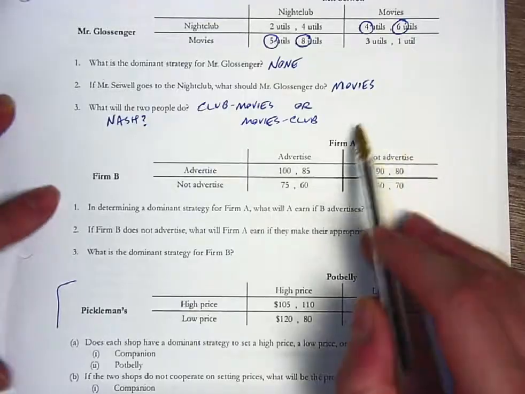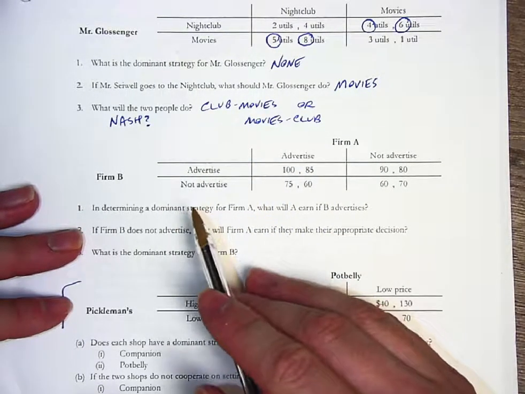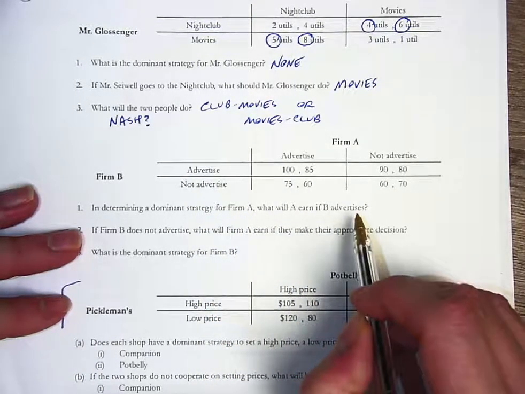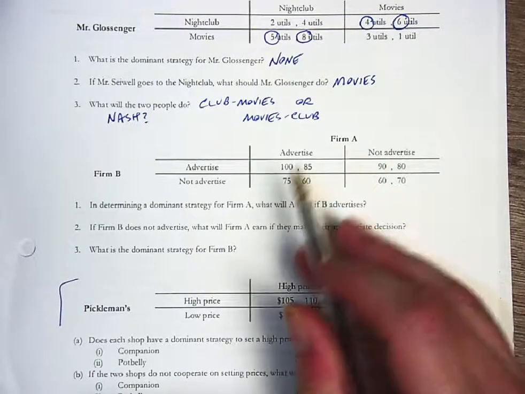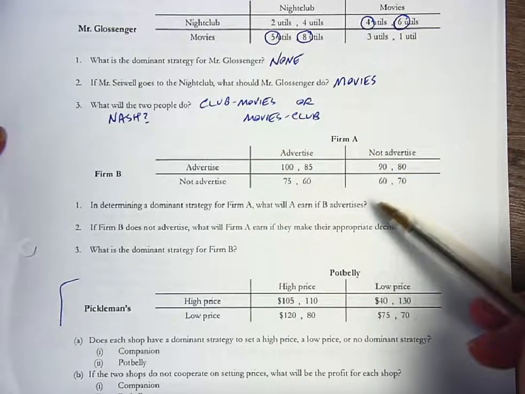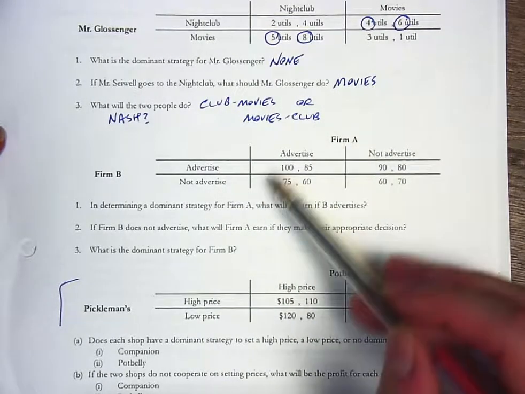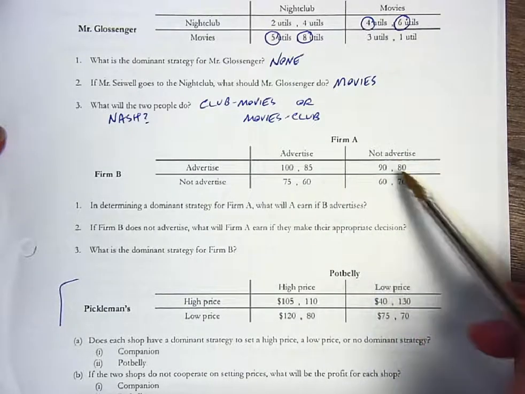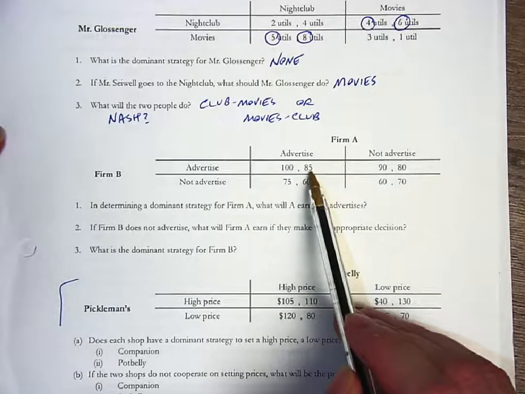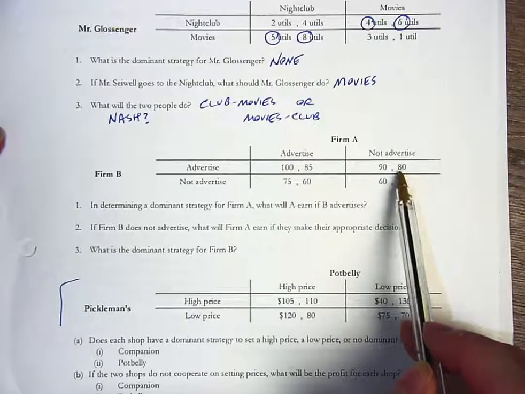This one just has firm A and firm B, and they have to advertise or not. In determining a dominant strategy for A, what will A earn if B advertises? So this one is just asking us to read the payoff matrix. In order to do that, we have to figure out what A is going to do if B advertises. So if B advertises, A can earn 85, or A can earn 80.